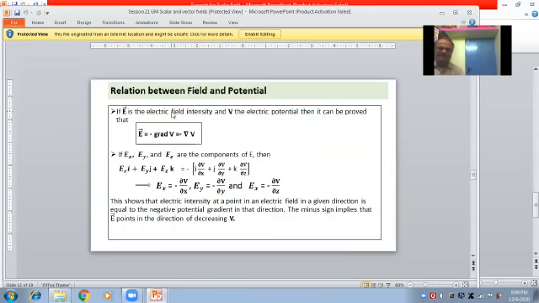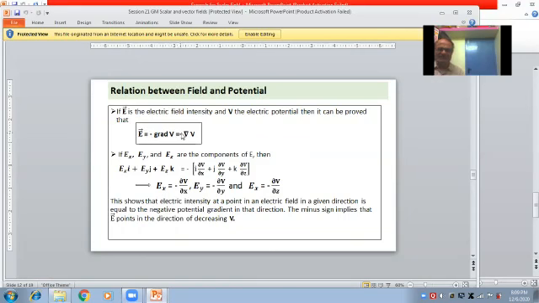so there is a relation between the electric field and potential, as you know. It is given by E equals minus grad V, gradient of V, where this V is the potential, but E is the electric field intensity.